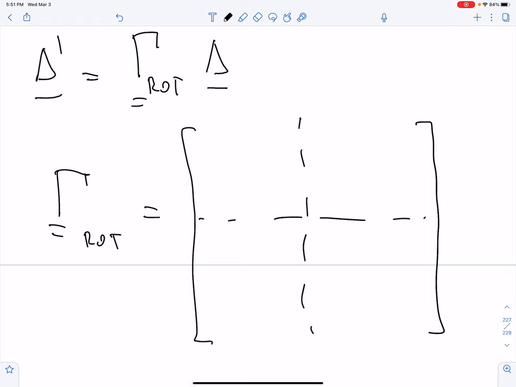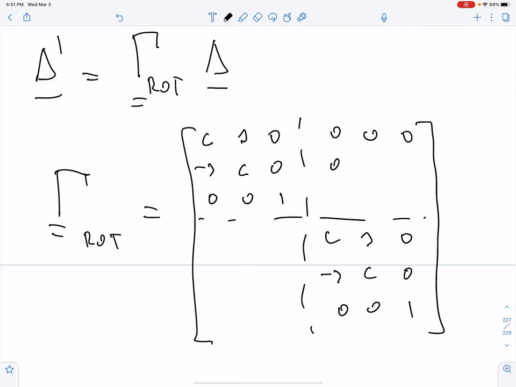Here you have cosine, sine, 0, minus sine, cosine, 0, 0, 0, 1. Then that block repeats: cosine, sine, 0, minus sine, cosine, 0, 0, 0, 1. There's no relationship between the quantities at nodes I and J, so the off-diagonal blocks are identically 0 as before. So this is your new rotation matrix.